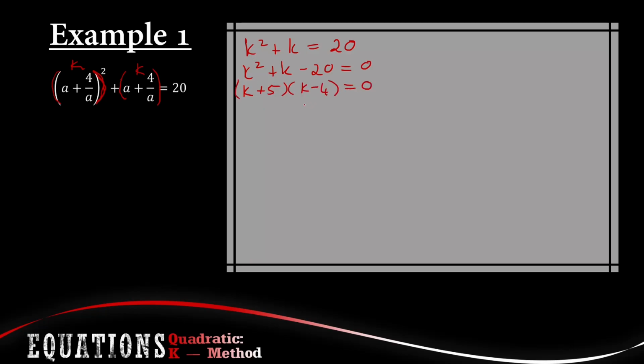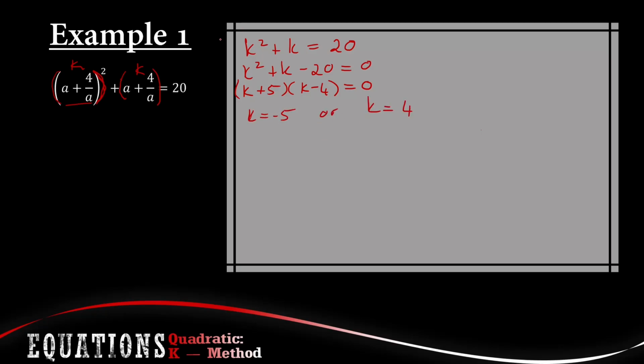I'm assuming you can already do all of this, you know how to solve quadratic equations and do quadratic factorization and so on. So k is equal to negative 5 or k is equal to 4.